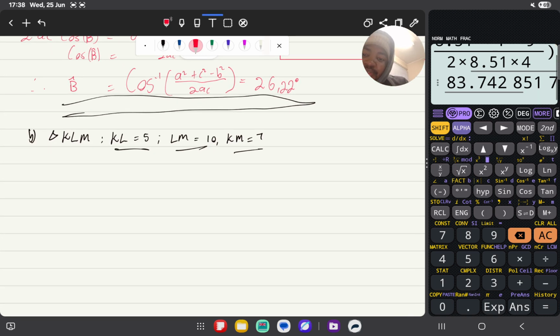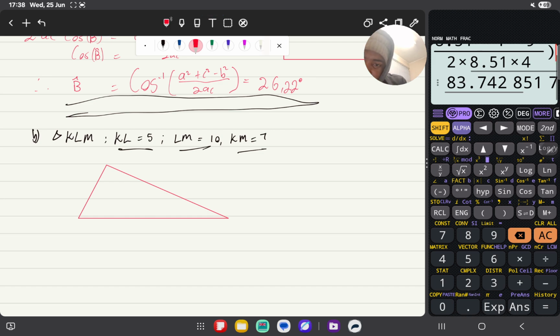So first thing first, just for clarity, we draw our triangle. Okay. And then I see the longest side here, it's this one, so this will be 10.